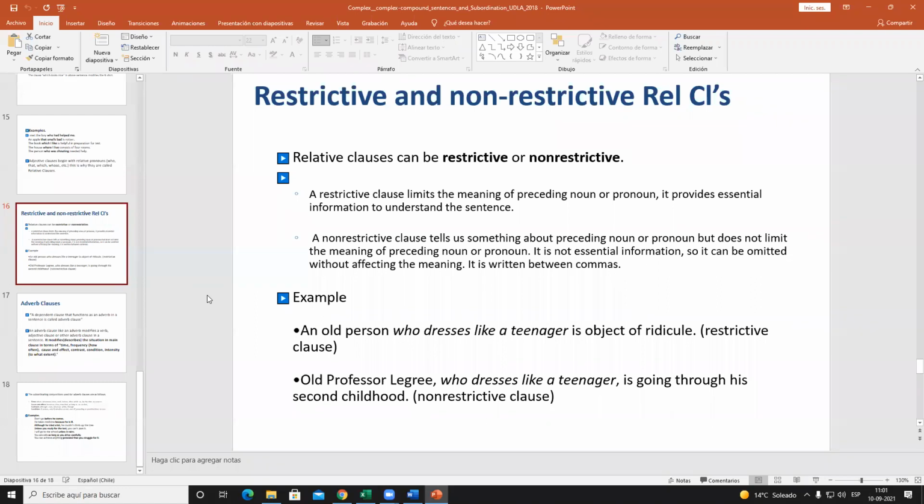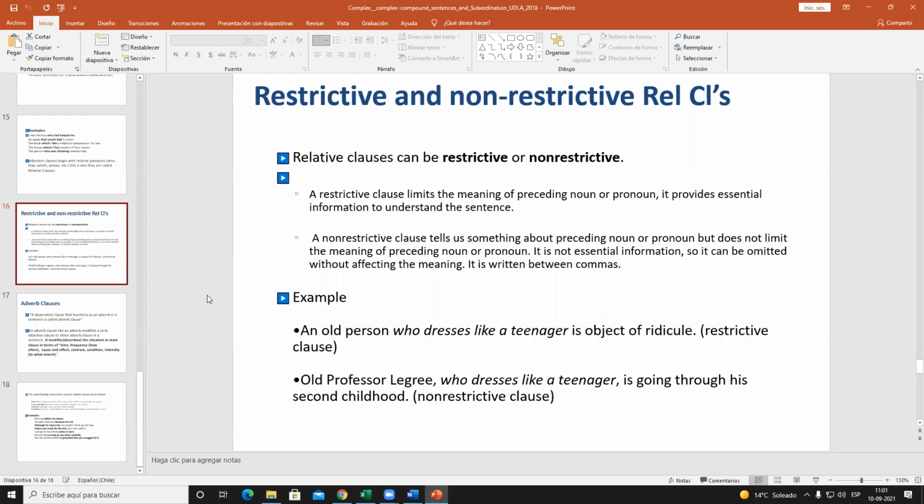In this PowerPoint, they state the difference between an adjectival clause and a relative clause. The difference is a relative clause begins with a relative pronoun, right? So when they say restrictive and non-restrictive relative clauses, they are referring to those clauses which begin with a pronoun.